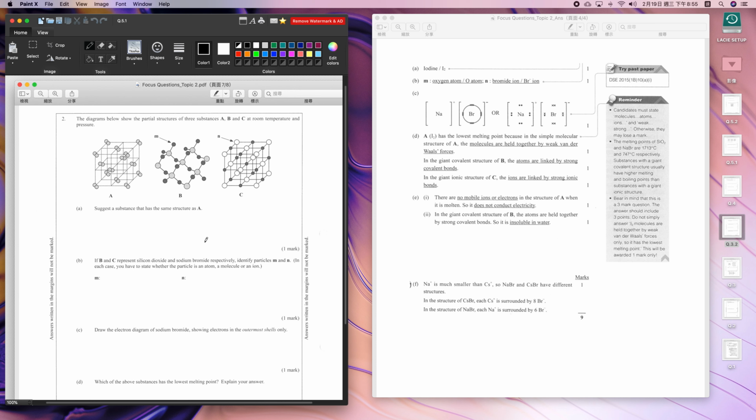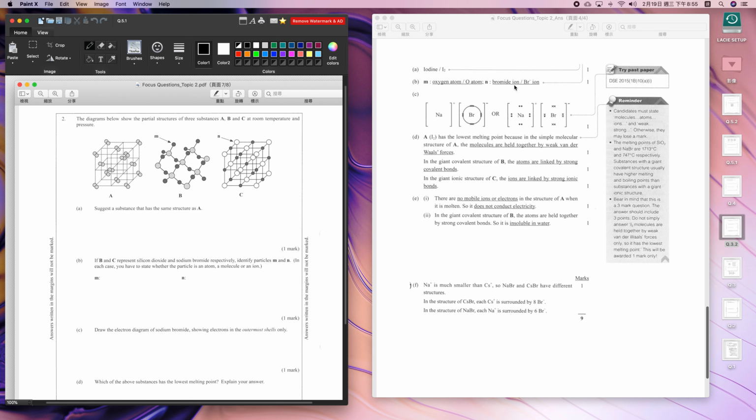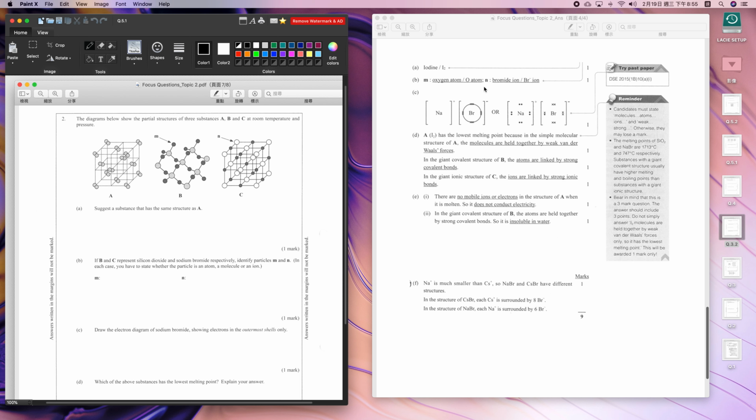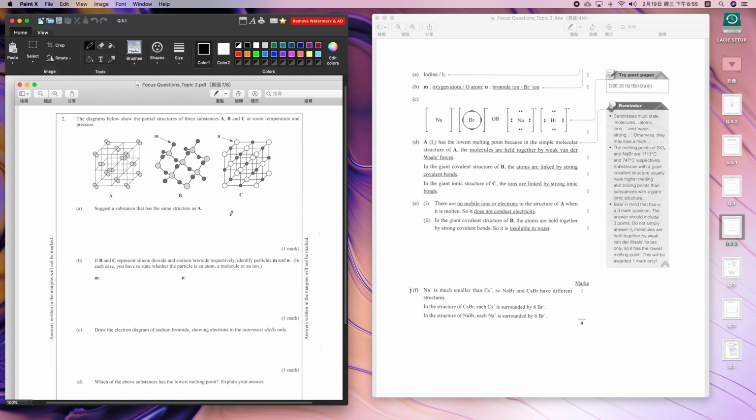For example, part B, identify particles M and N. If you refer to the marking scheme, we should say carefully, oxygen atom, bromine ion. You can't only say oxygen and bromine. You should specify the type of particles.